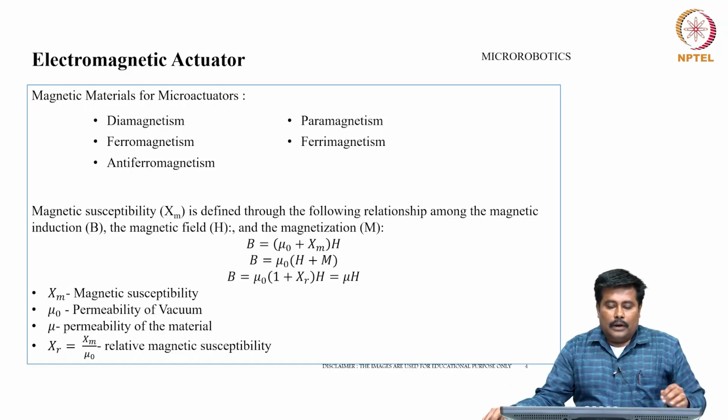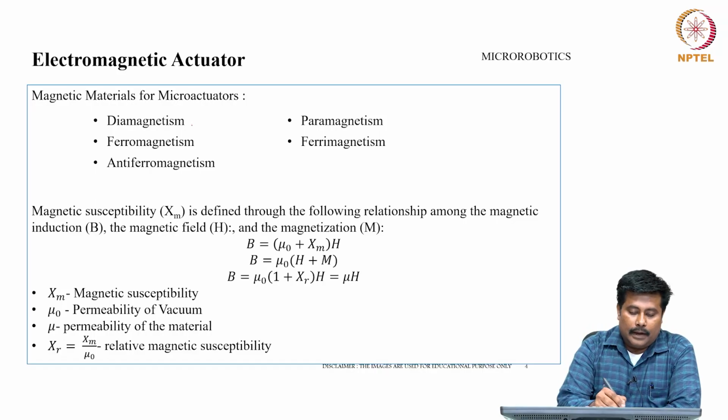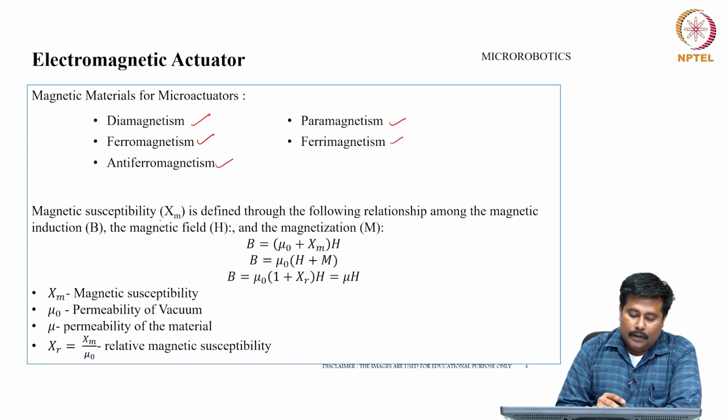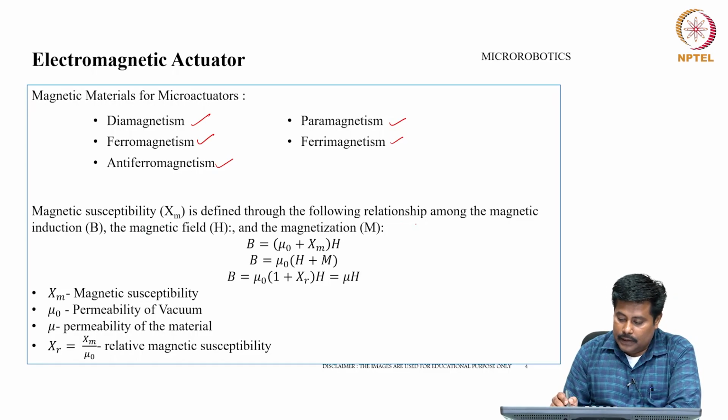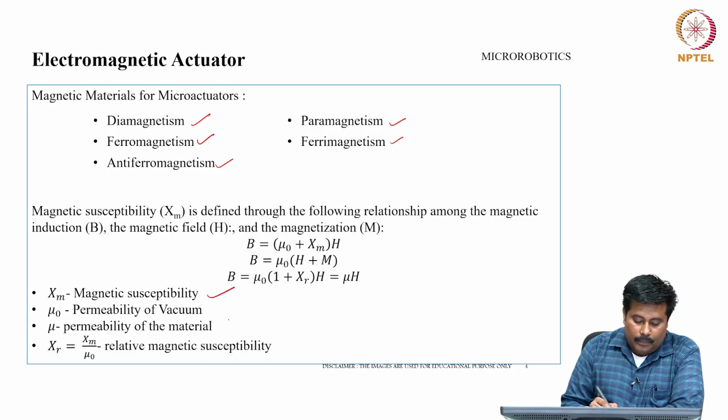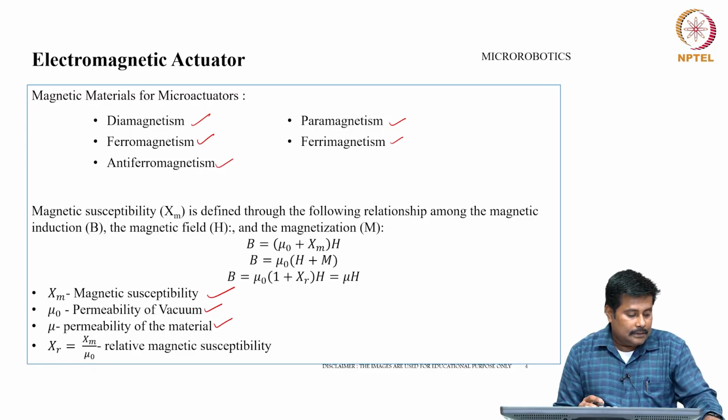From the micro actuator point of view, we have diamagnetism, ferromagnetism, antiferromagnetism, paramagnetism and ferrimagnetism. The magnetic susceptibility, termed Xm, is defined through the relationship between the magnetic induction B and the magnetic field H. The magnetization M is given by B equals mu naught times (H plus M), and mu naught (1 plus XR) H equals mu H. Xm is the magnetic susceptibility, mu naught is the permeability of vacuum, mu is the permeability of the material, and XR is the relative magnetic susceptibility.